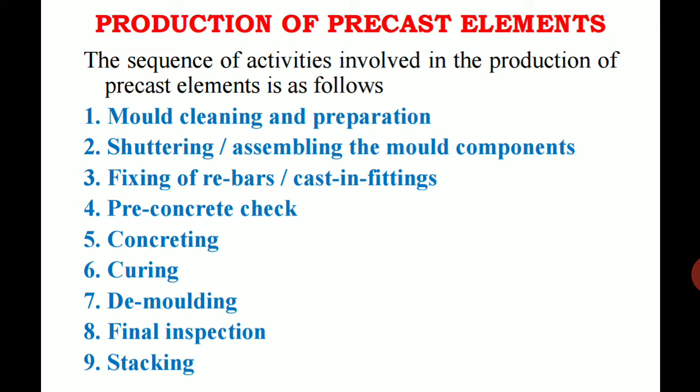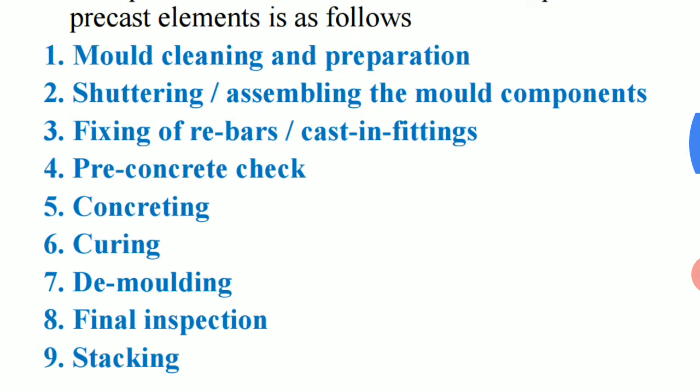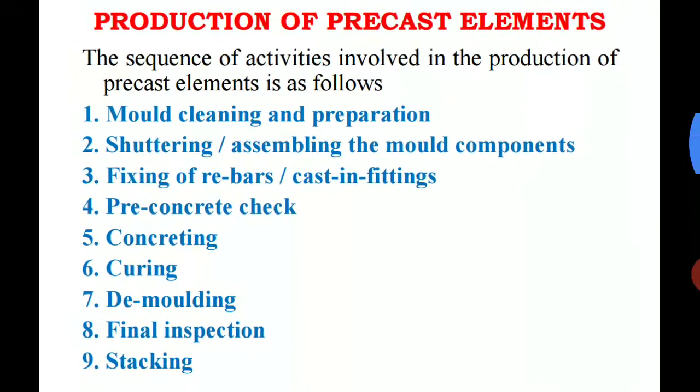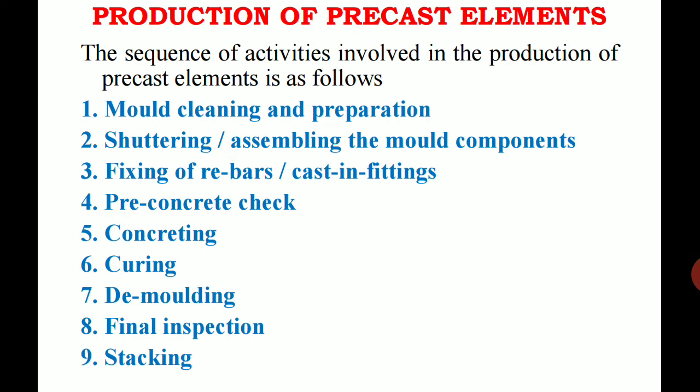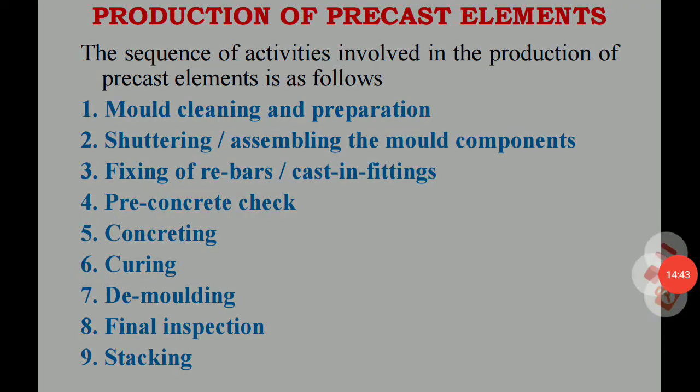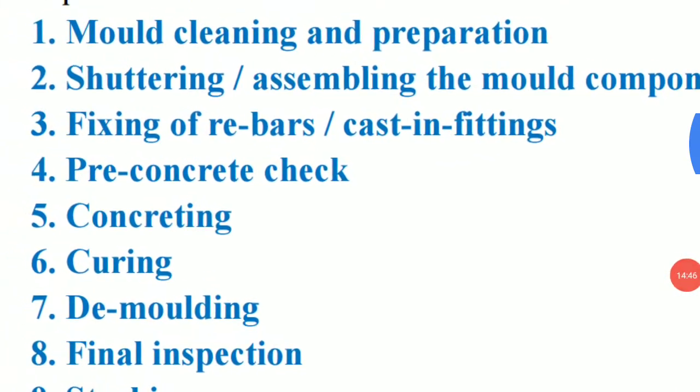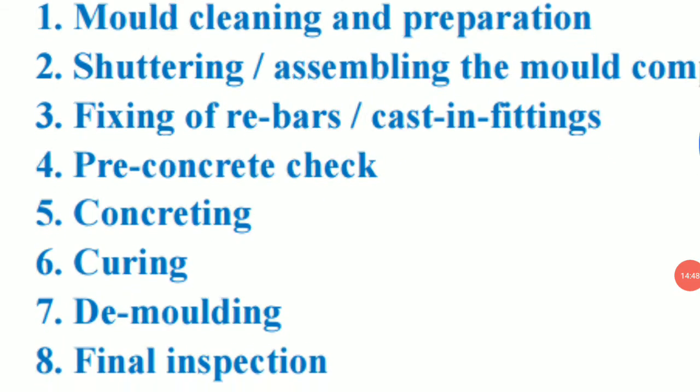So in that, first is mold cleaning and preparation, shuttering and assembling the mold components, fixing of rebars or cast-in fittings, and pre-concrete check, concreting, curing, demolding, final inspection, and then stacking, right? So these 9 stages or 9 activities come under the production of precast elements. So in that, the first one is the mold cleaning and preparation, right?